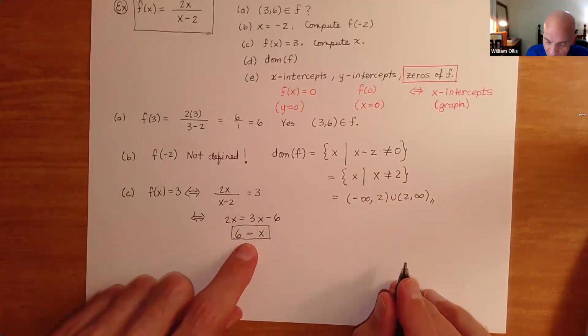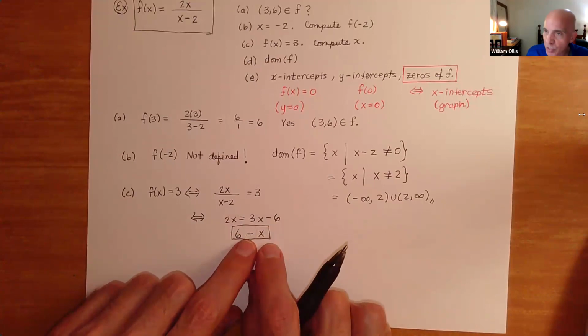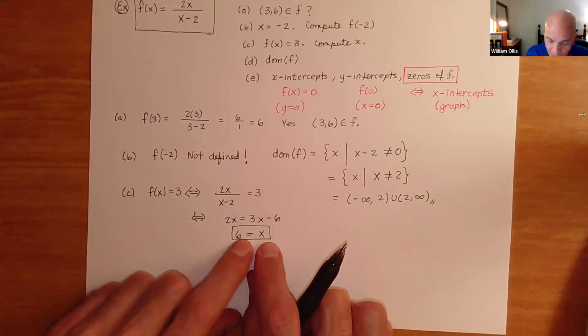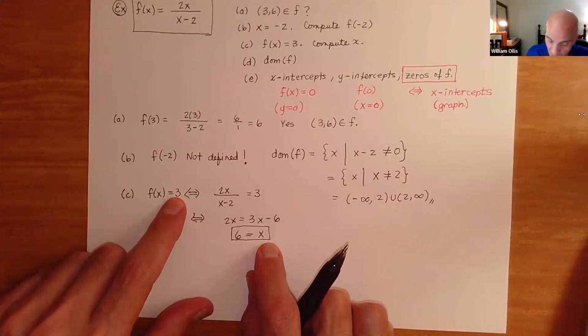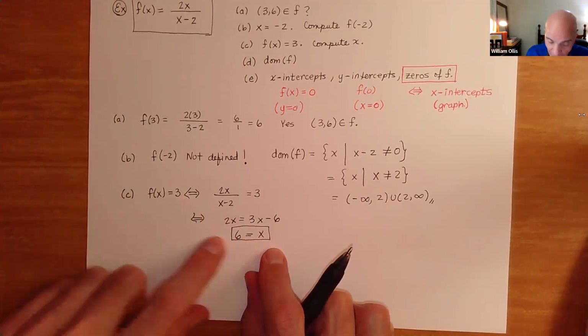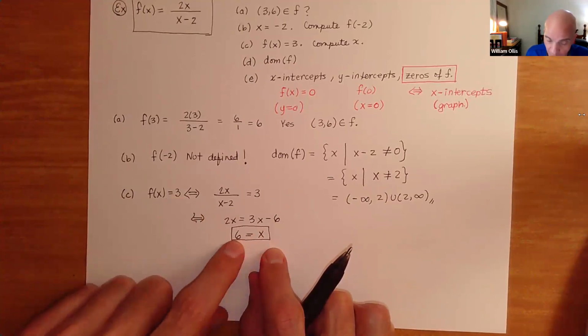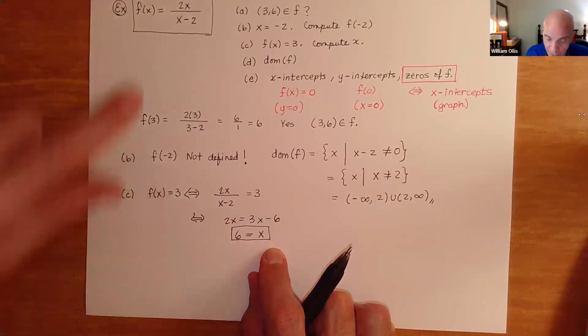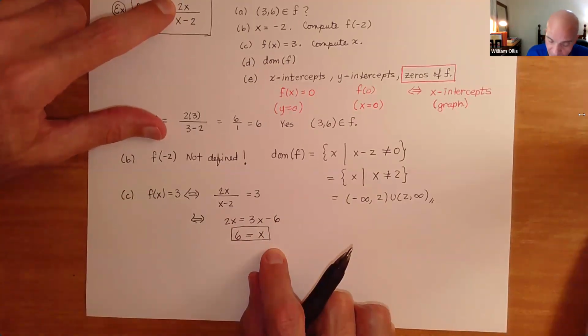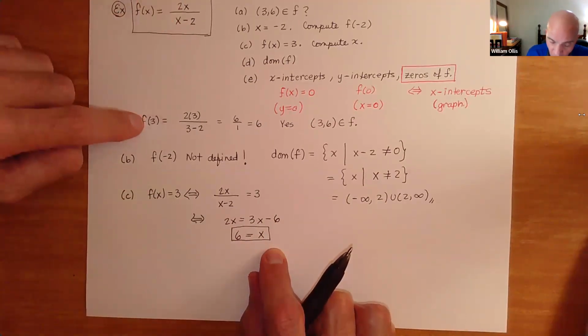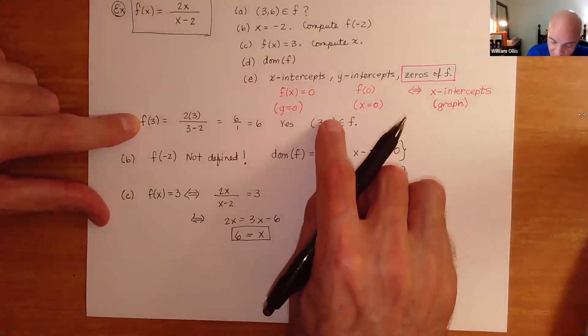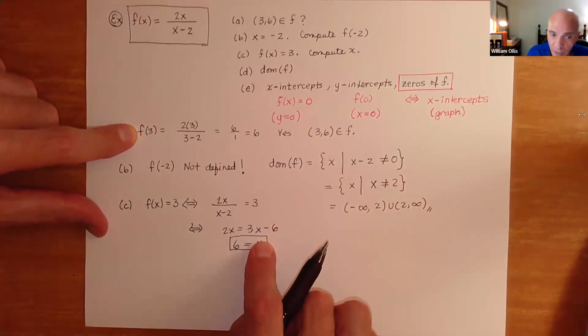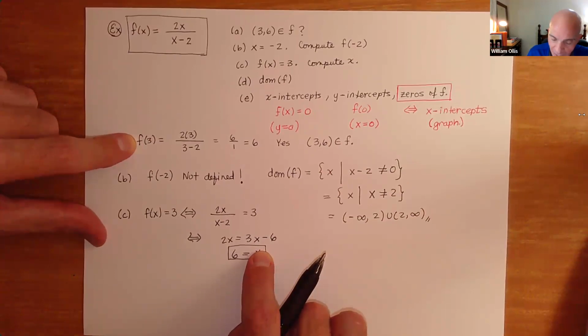So what we're seeing here is that there is a unique input to give us the 3. There's only one. So basically now when we look at this, f of 6 equals 3. And then you can just look up here and see that. I mean, we notice that this is the same problem we've already done, but I didn't want you to think of it like that.